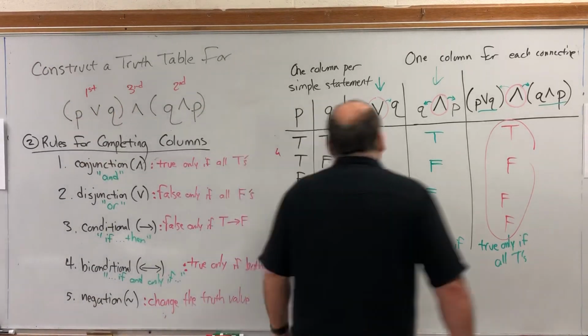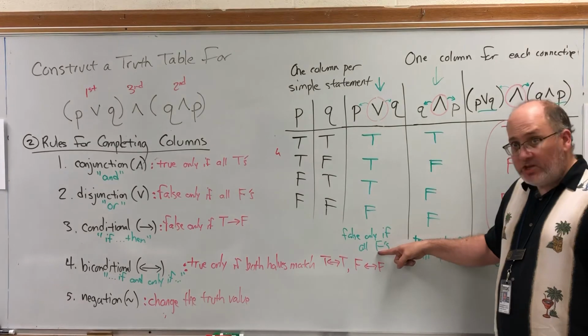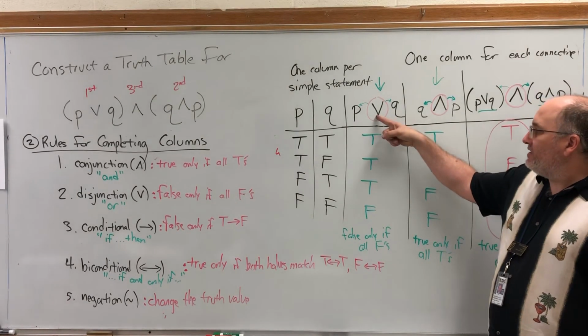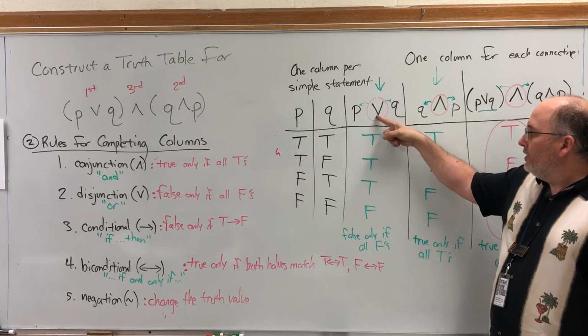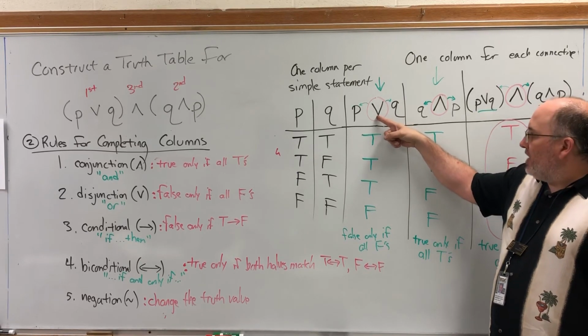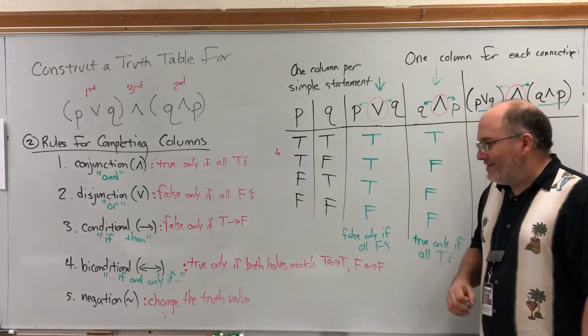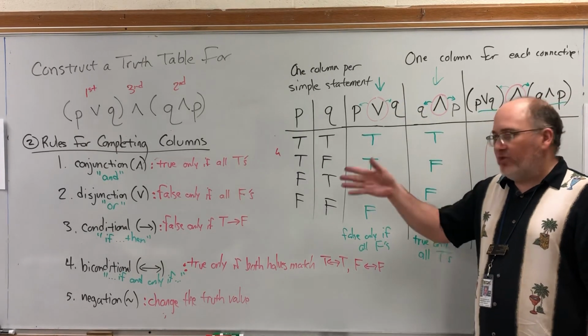When you're completing a column, you ask yourself two questions. What rule am I going to use? That is based on the connective used to set up that column. And which previous columns am I going to apply it to? The columns that represent the left and the right sides of the connective, unless it's a negation, in which case it's only what's on the right side.